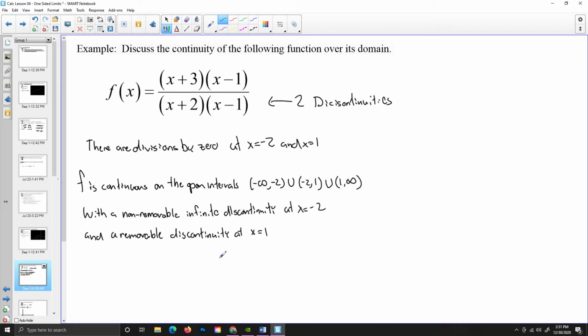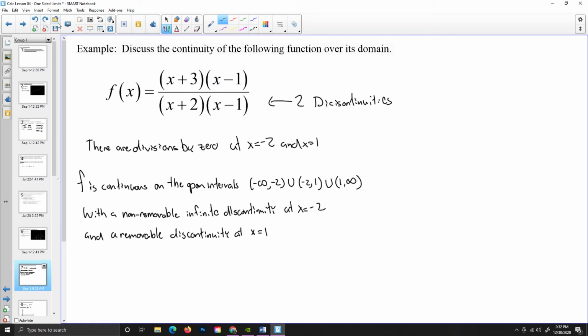Well, when you're looking at a rational function like this one, you'll notice that I have an x minus 1 in both the numerator and the denominator. Since these two cancel out, the function actually only looks like x plus 3 over x plus 2, because for every value of x other than 1, these two are going to be the same value, so you get 1 over 1.